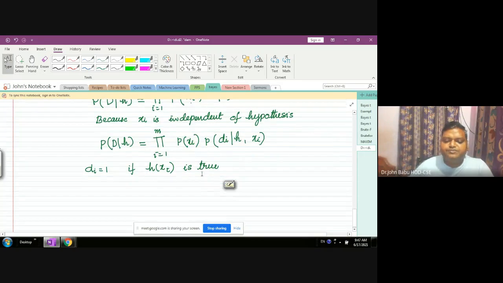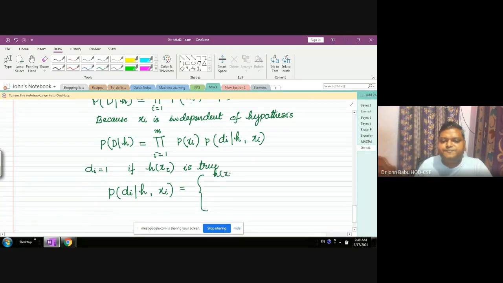So the probability of di given h, writing xi here for that particular xi value, is equal to h of xi if di is equal to 1.